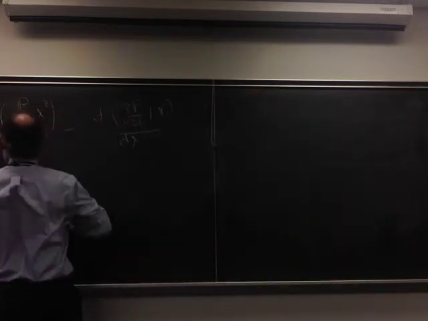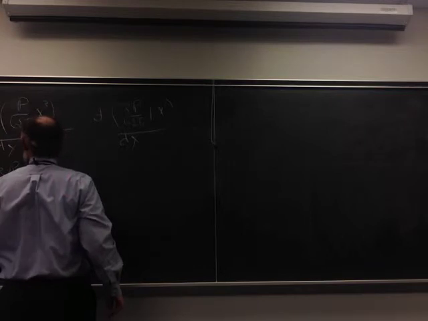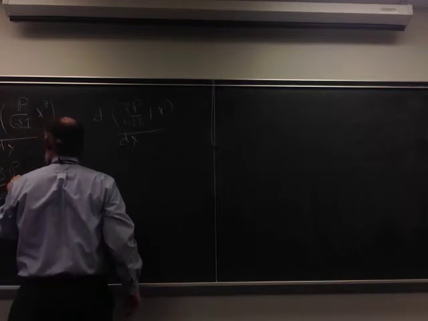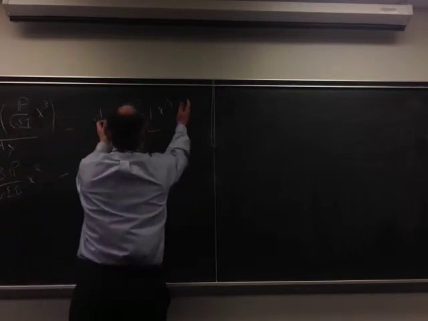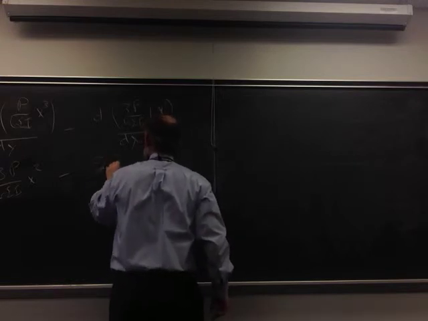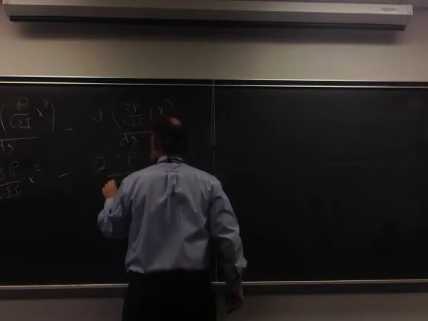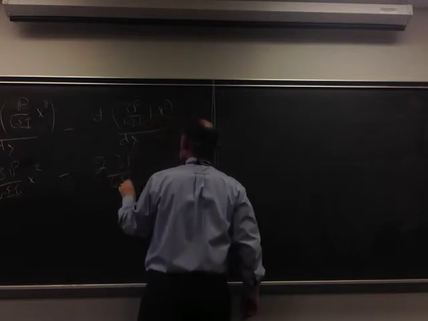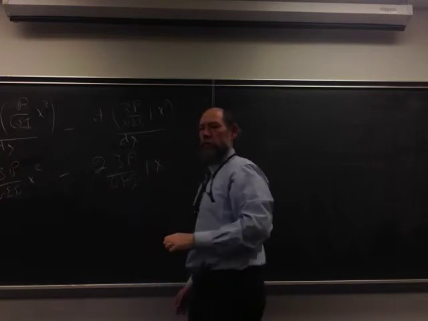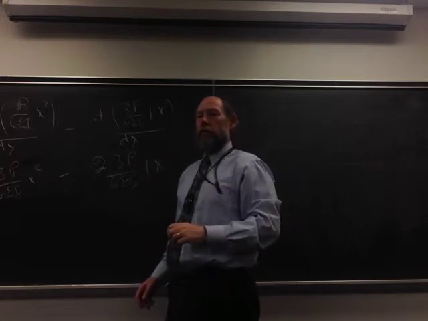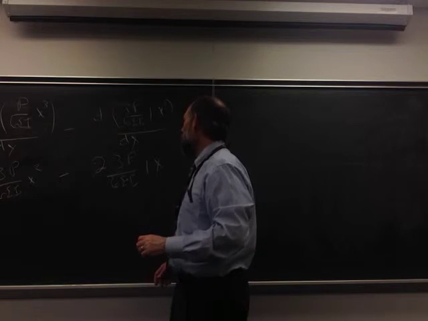So the derivative of this is 3P over 6EI x squared, and the derivative of this is 2 times 3P over 6EI Lx.